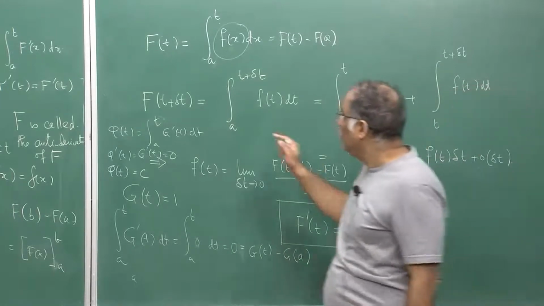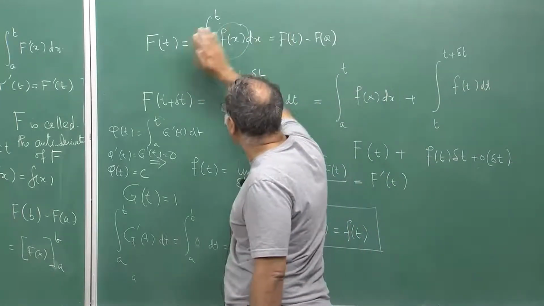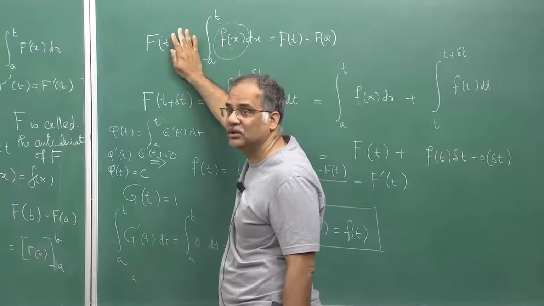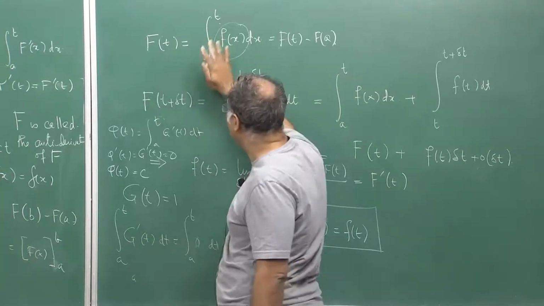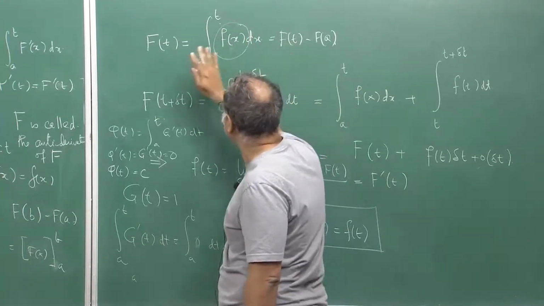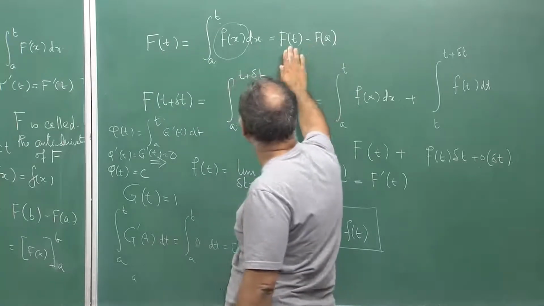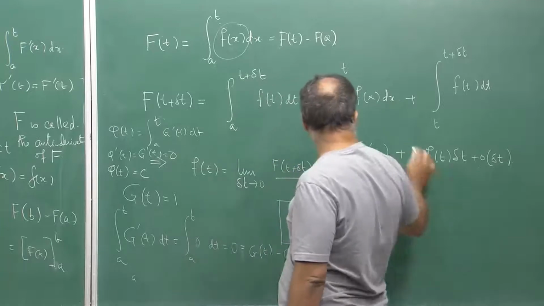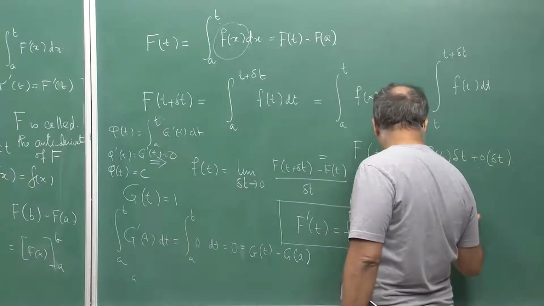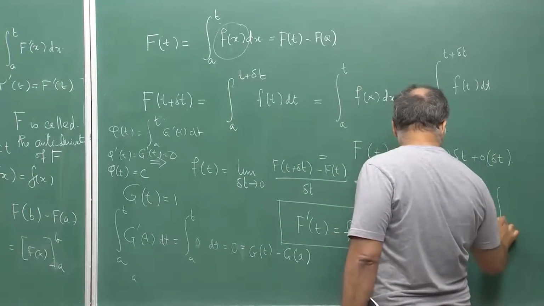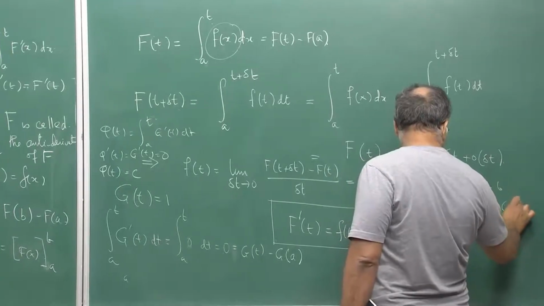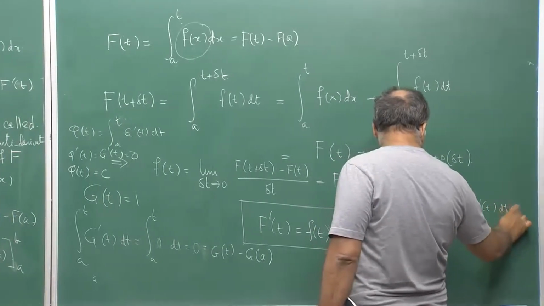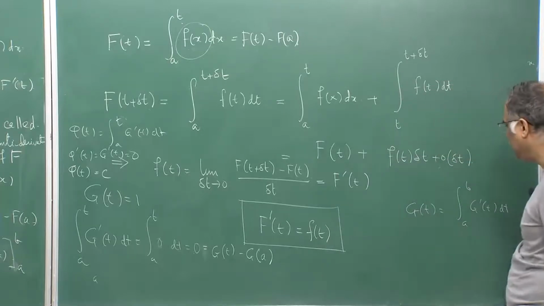Understand? So that's the whole point. When you look at just this, you handle everything as if it is a function. But if you really want to compute it, then you have to write it in this form. Actually, here also if you write g t in this particular case, now what does it mean?